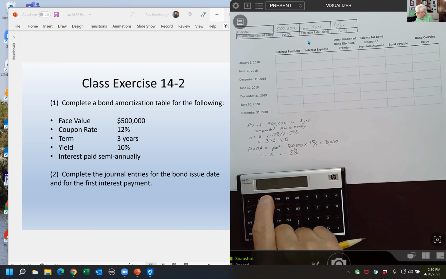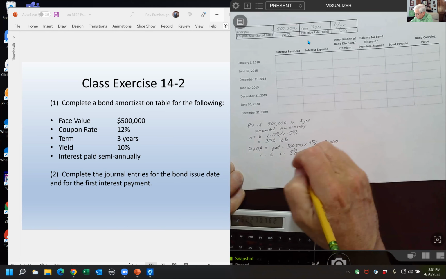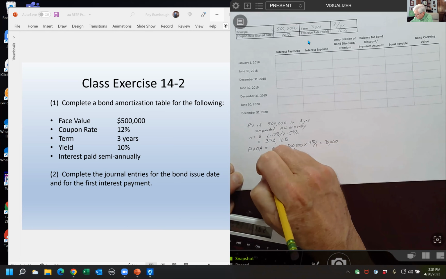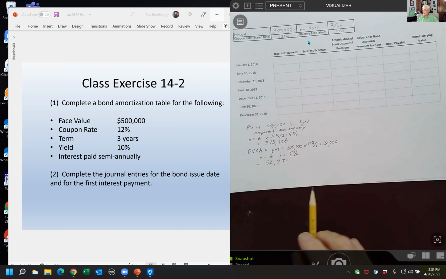And then what's the present value? 152,271. So one way of thinking about this, the value to the investor, by the way, the investor is going to earn the market rate. How are they going to do that?